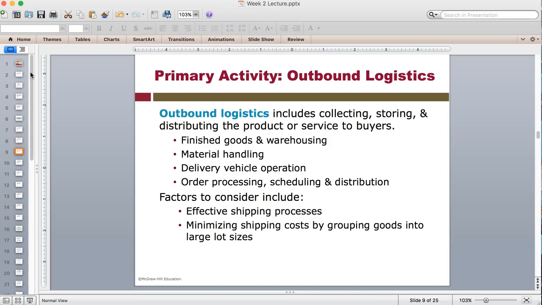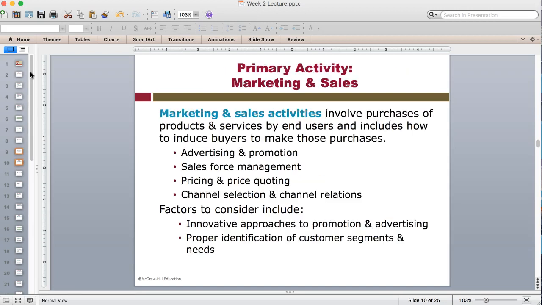For example, if you were doing a study of a university, when you graduate, you're done. There's no shipping you to some other place. A retail store, once you check out with your stuff, the outbound logistics, I guess you could talk about how easy it is to check out, but generally speaking, it's pretty easy to get out of the store and back into your car.